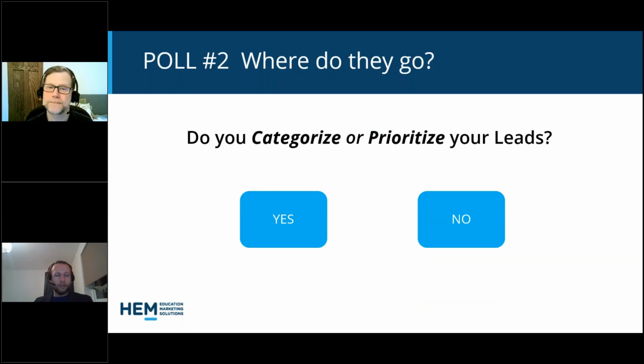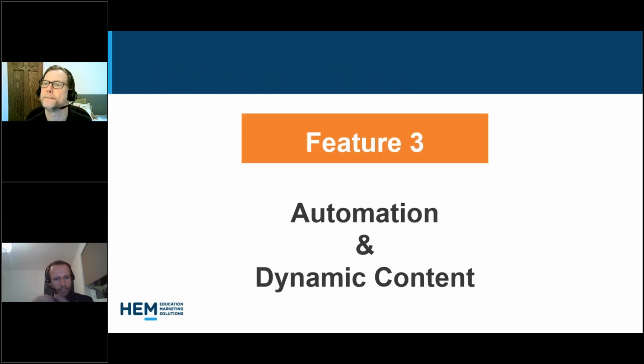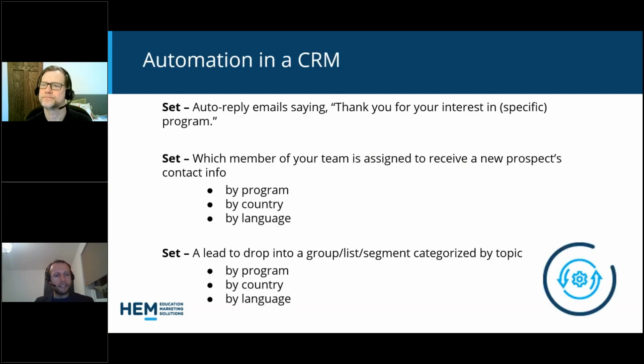Okay, well, we've talked about segmentation and prioritization. So once we've set up those rules and we've got those foundations in place, we can start talking about getting to work, and automation and dynamic content is a big part of that. So we're trying to make life a bit easier for ourselves in numerous ways. For example, where possible, you want to set up auto reply emails as standard. These are usually used as thank you for your inquiry or acknowledging some form of interaction via your digital environment.